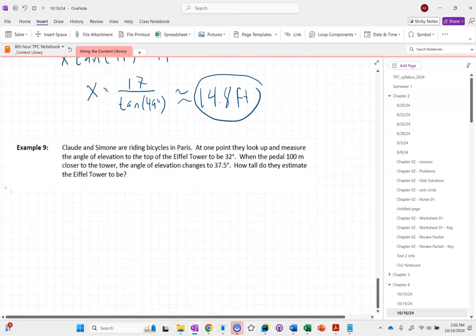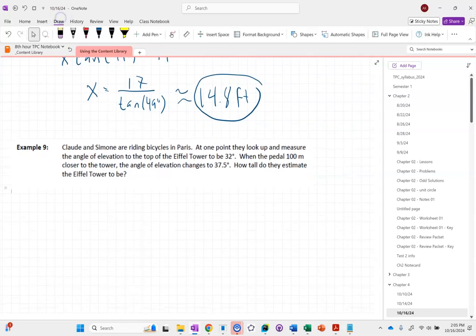Claude and Simone are riding bicycles in Paris. How romantic. At one point, they look up and measure the angle of elevation to the top of the Eiffel Tower to be 32 degrees. When they pedal 100 meters closer to the tower, the angle of elevation changes to 37.5 degrees. How tall do they estimate the Eiffel Tower to be?